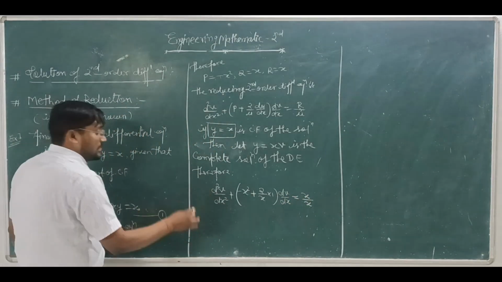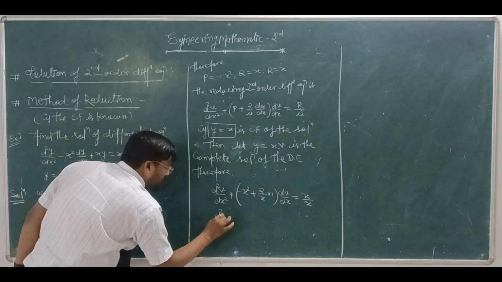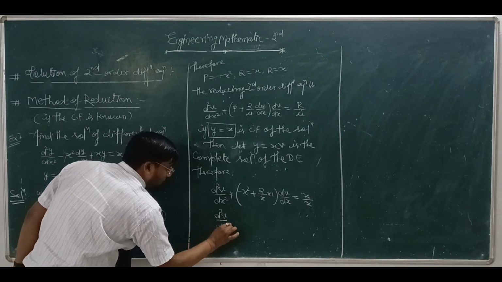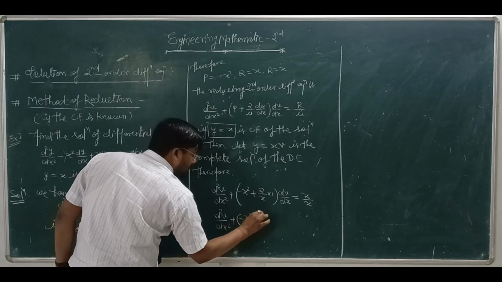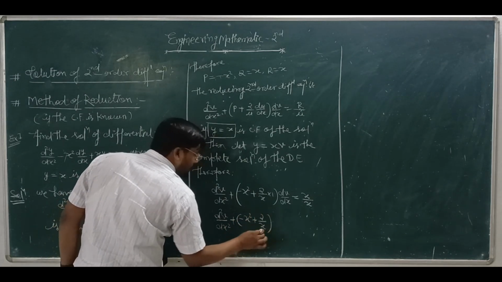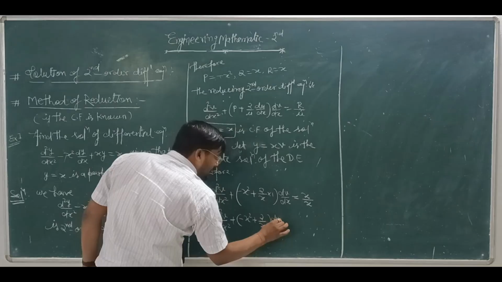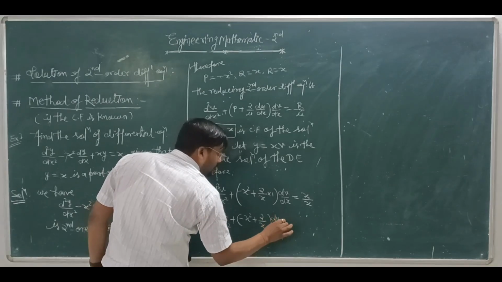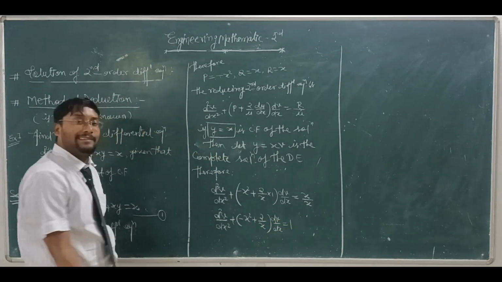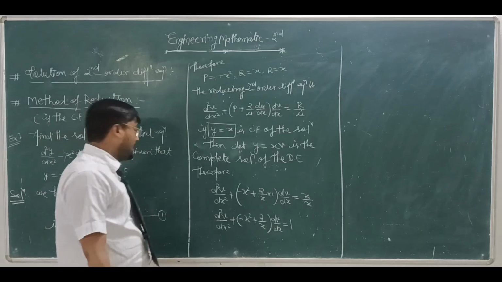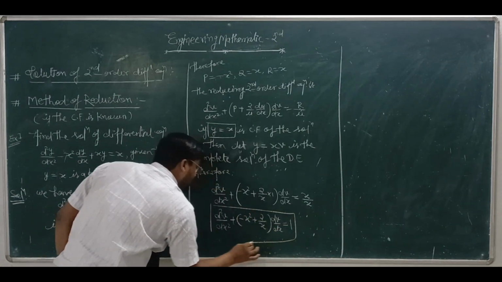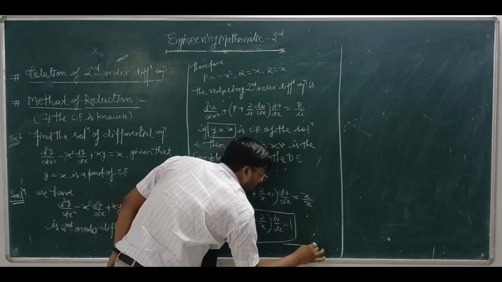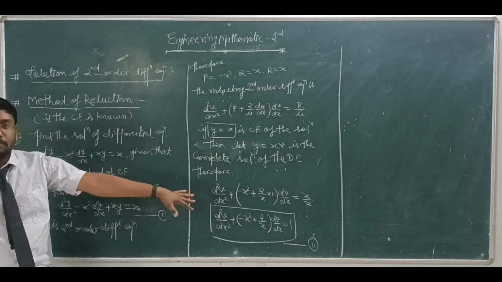Now you solve this equation, you can write d2v of dx2 plus minus x square plus 2 upon x dv of dx is equal to 1. This is equation number second.